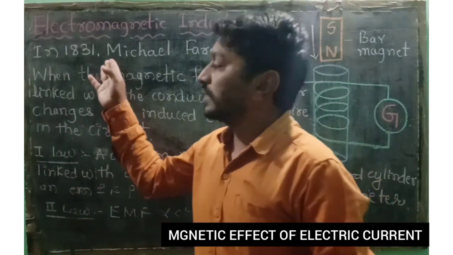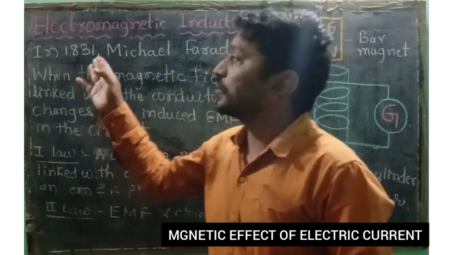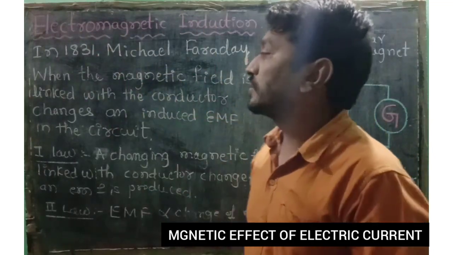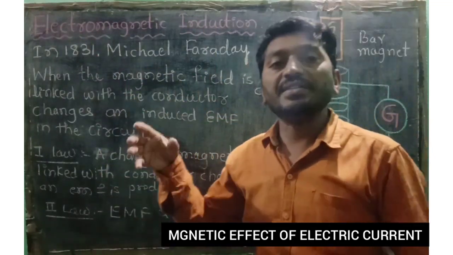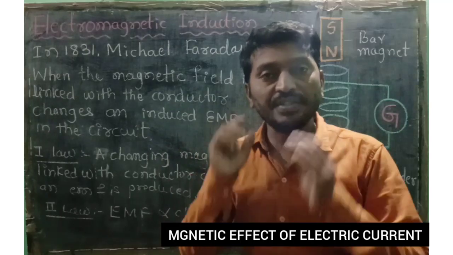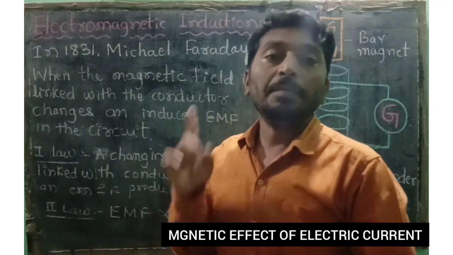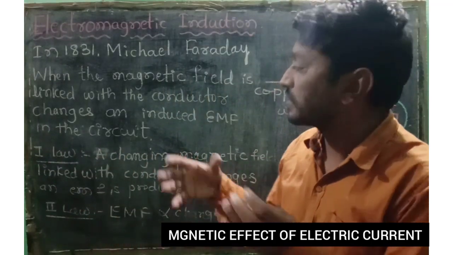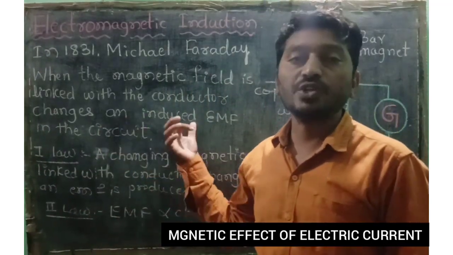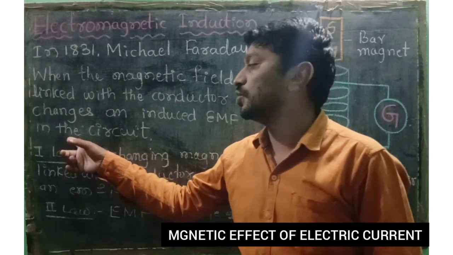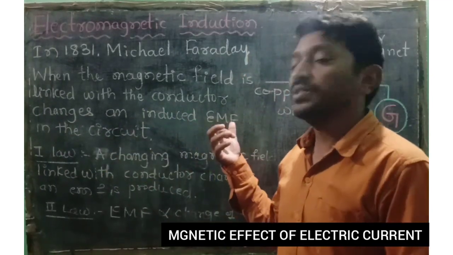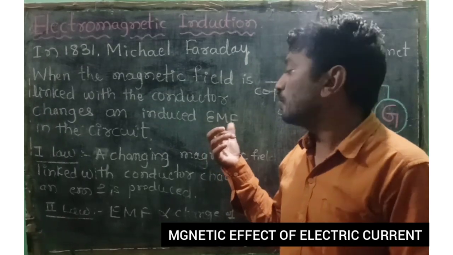Then later he explained electromagnetic induction. What is electromagnetic induction? When the magnetic field linked with the conductor changes, an induced EMF is produced in the circuit. EMF means electromotive force.